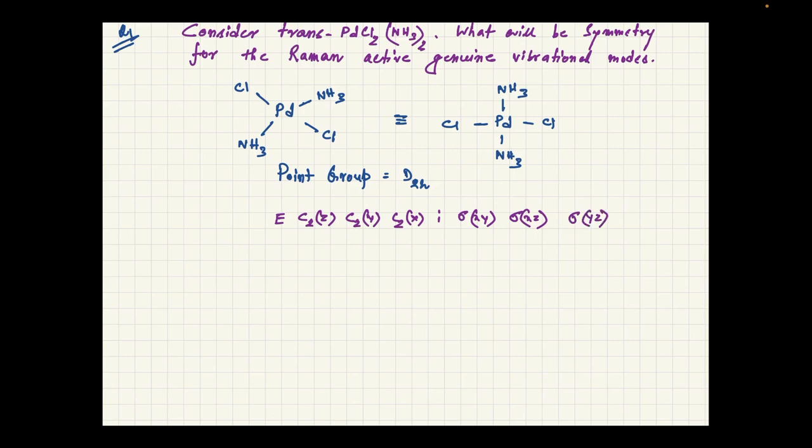Okay, now the first representation will be the totally symmetric representation, Ag. Why g? Because the D2h point group has inversion symmetry, that means it is symmetric under the inversion operation. So that's why we have to denote the irreducible representation with g or u. g means gerade, that means it is symmetric under i.